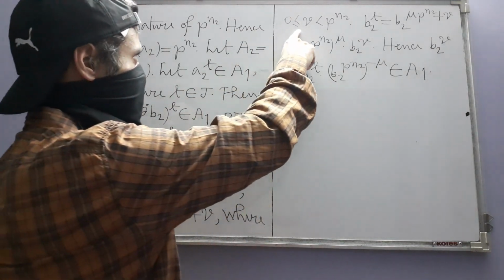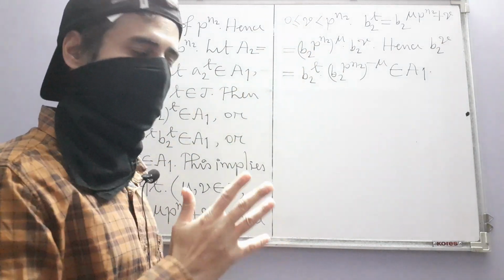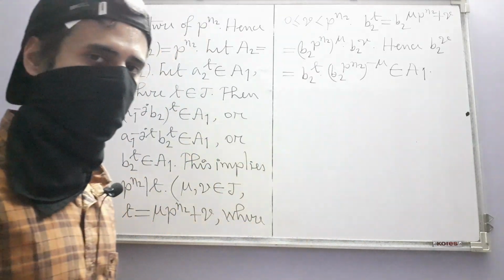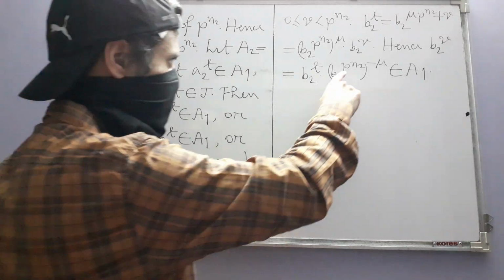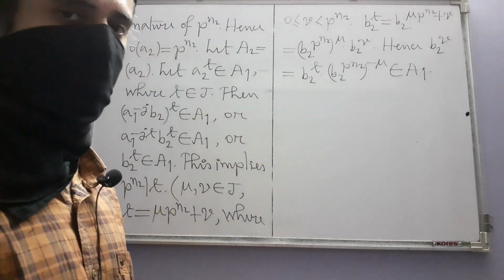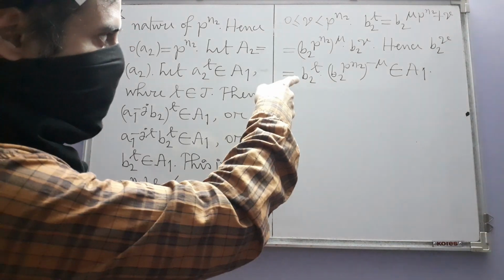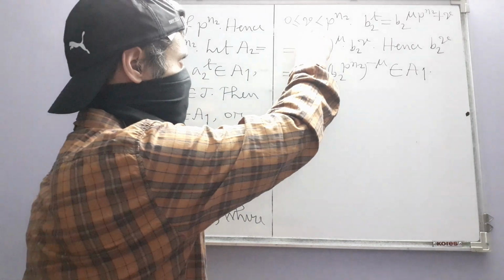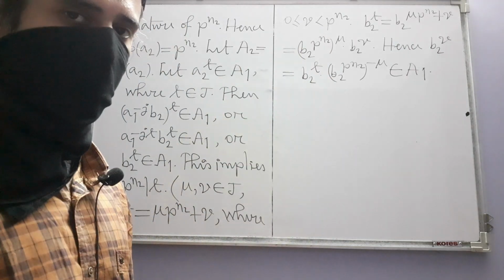Now nu is non-negative and less than p to the power n2. Can nu be positive? No. The minimal nature of p to the power n2 as the minimum positive number for which that power of b2 belongs to A1 forces nu to not be positive.